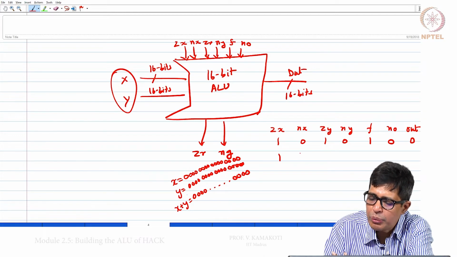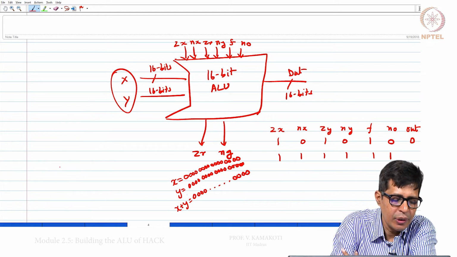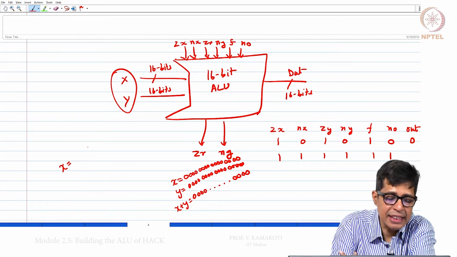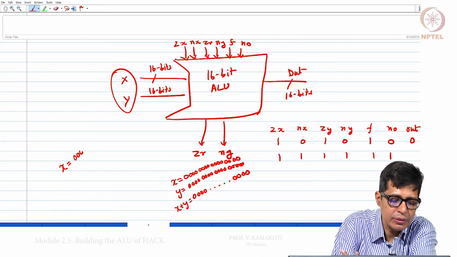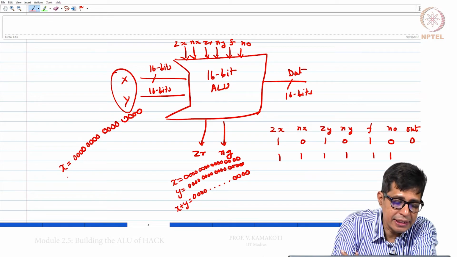Suppose I put 1, 1, 1, 1, 1, 1, what will happen? Since ZX is 1, x becomes 0, and since NX is 1, this gets inverted, so x becomes all 1s.